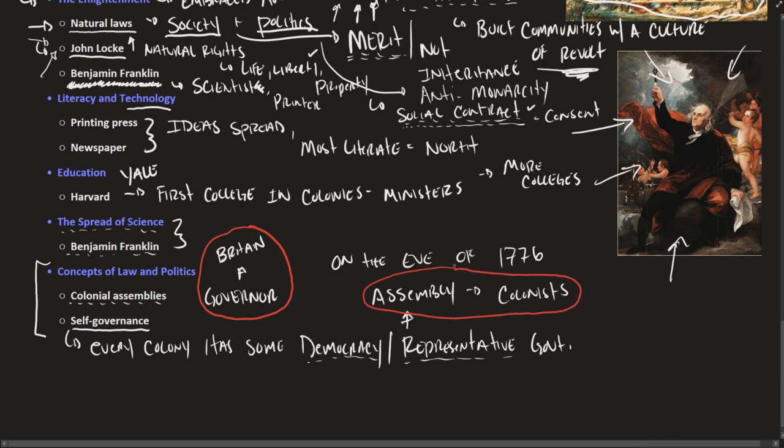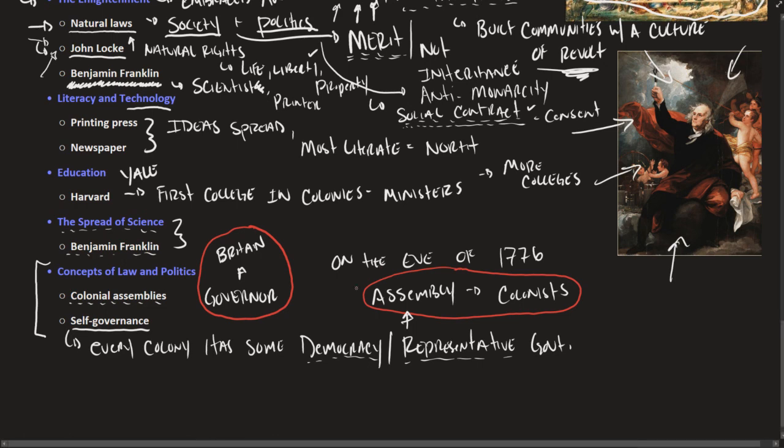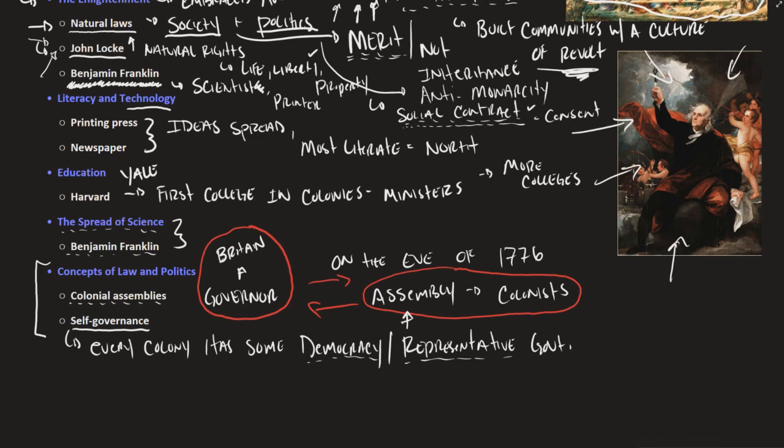Sometimes that is the same thing. So in the southern colonies, the governor and the assembly are usually on the same page, right? The governor wants to make more money and the assembly wants to make more money, right? Cash crops. In the north, they don't always agree. And it's through some of these conflicts, you might say, that the American Revolution unfolds.